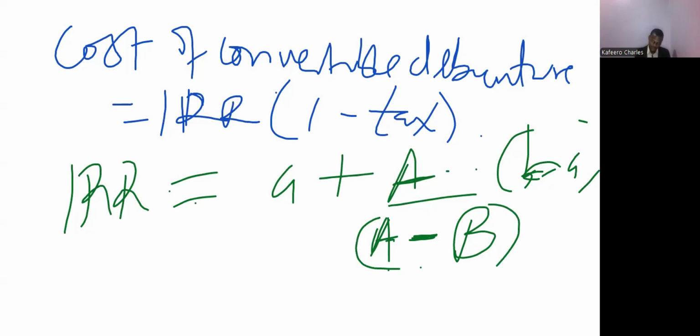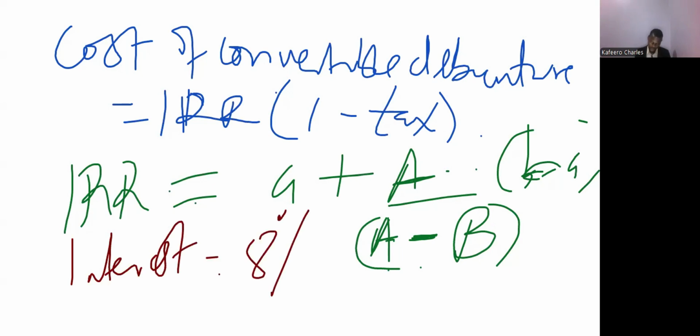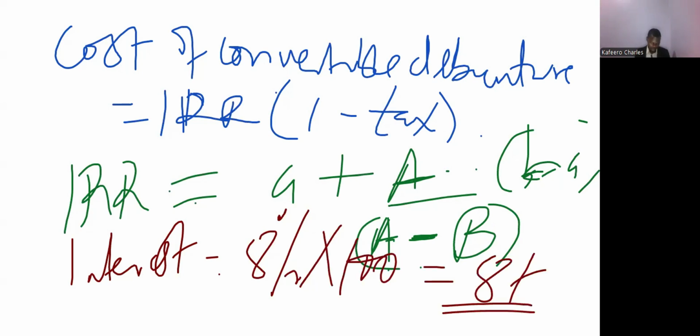So we need now to first compute the interest that we are going to be using. The interest, they have given us the coupon, which is 8% times the par value of 100. So this is going to give us 8 shillings.